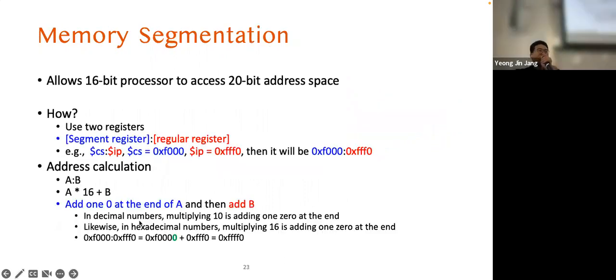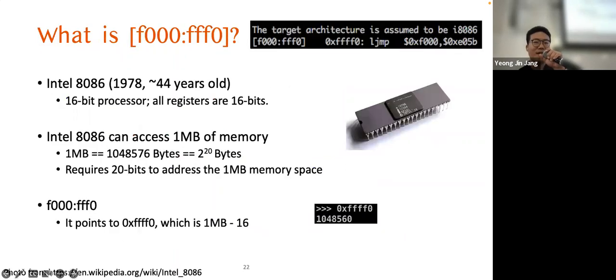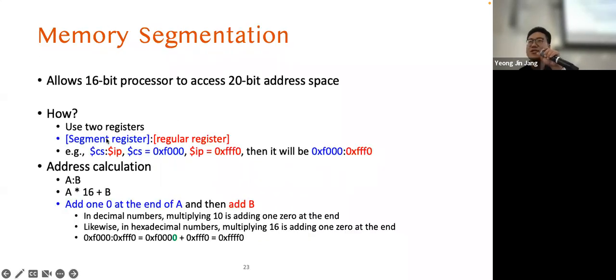This is so-called memory segmentation. The technique allows us, with only 16-bit registers, to access 20-bit addressing, by using 2 registers. The value that comes in front is the segment register, and the value that comes after the colon is the regular register.